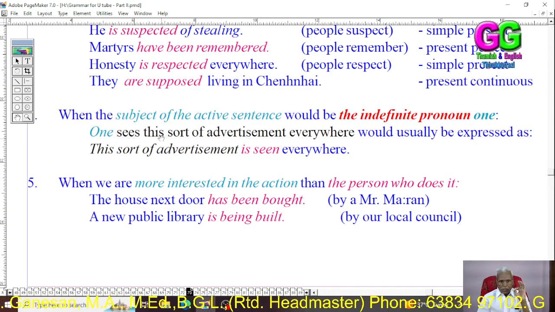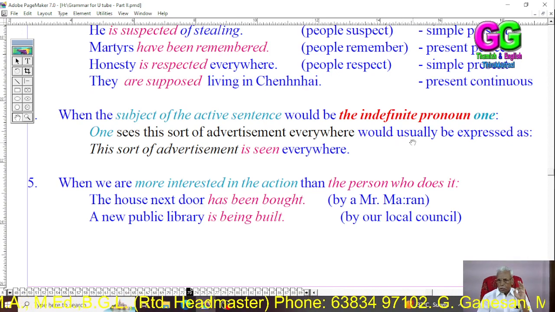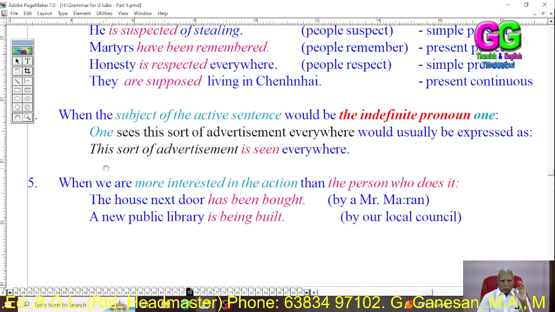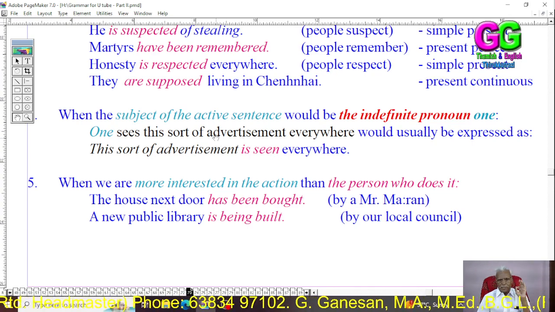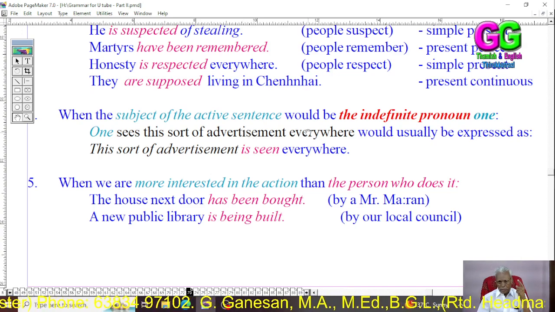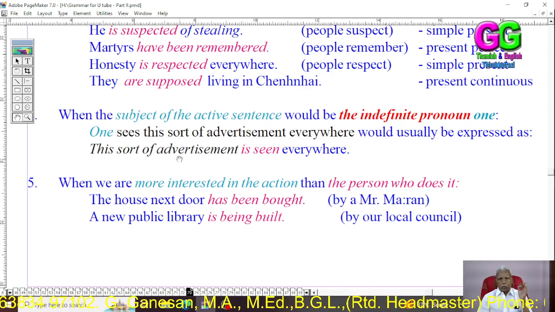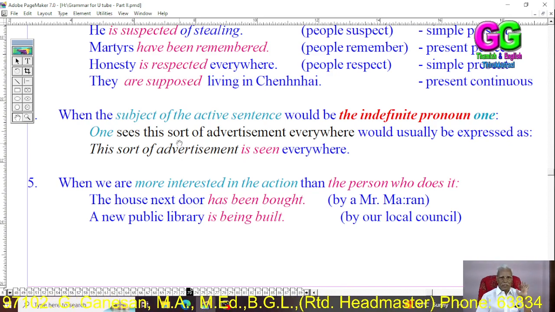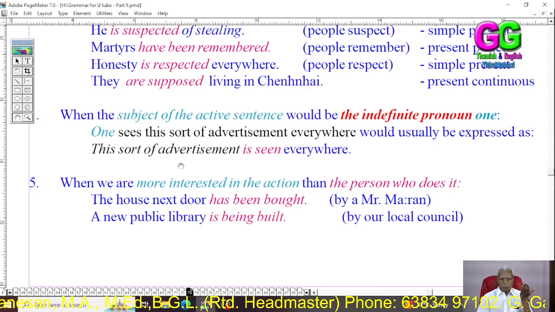It would usually be expressed as, this sort of advertisement is seen everywhere. The first is active voice, the second is passive voice. It is the better way of expressing.